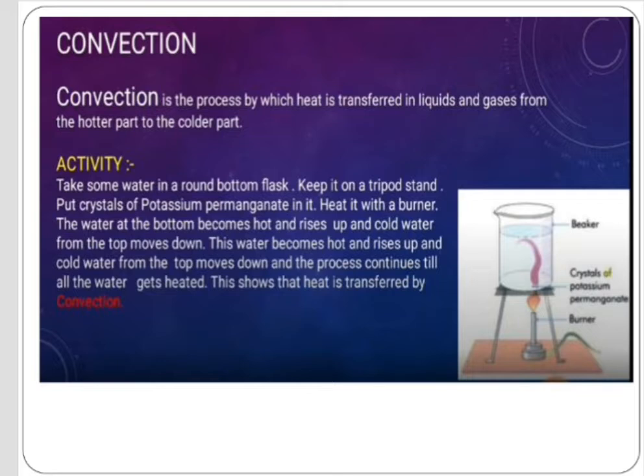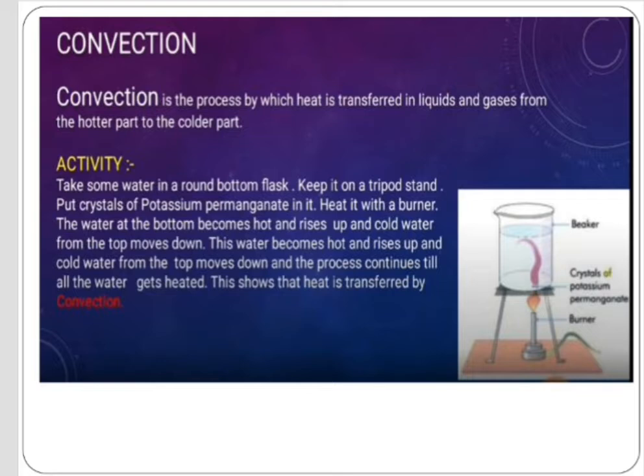First point is convection. Convection is the process by which heat is transferred in liquid and gaseous form, from the hotter part to the colder part. Example of convection is boiling water.